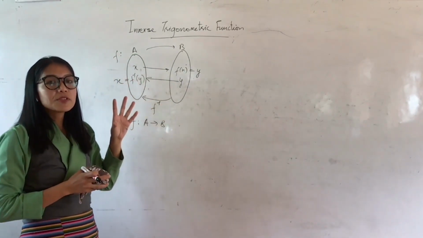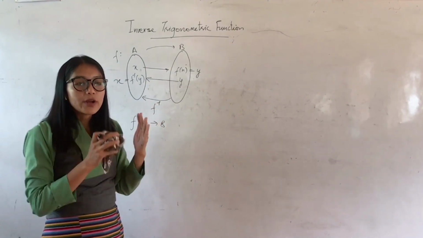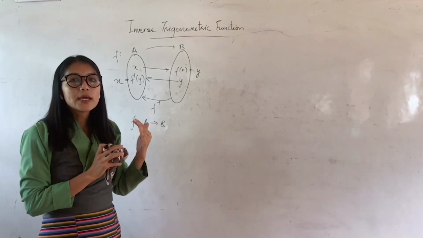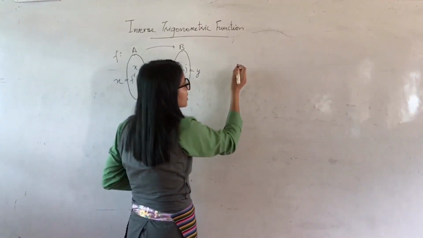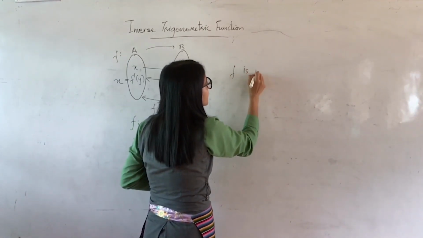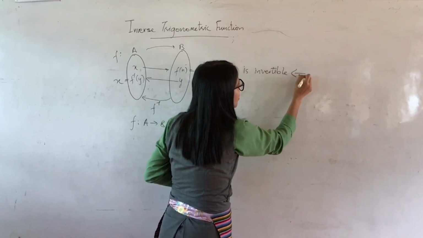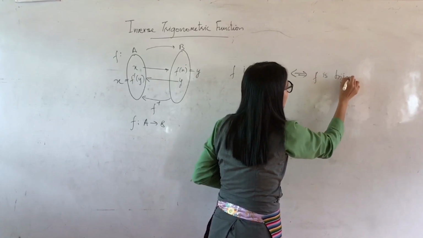Now in the first chapter we had seen that every function is not invertible. For every function f, you cannot find its inverse. So for the function to be invertible, it has to satisfy a special condition. If you remember, we said that f is invertible if and only if f is bijective.